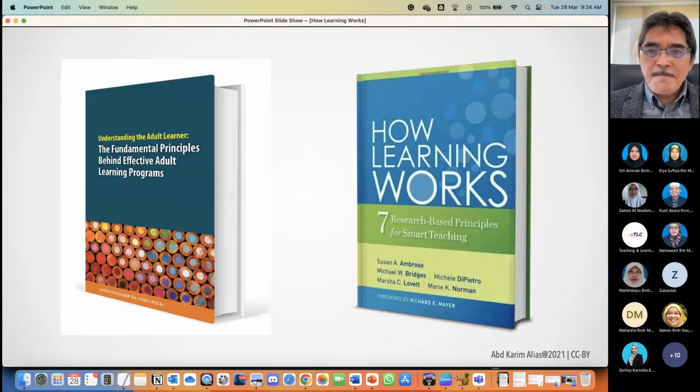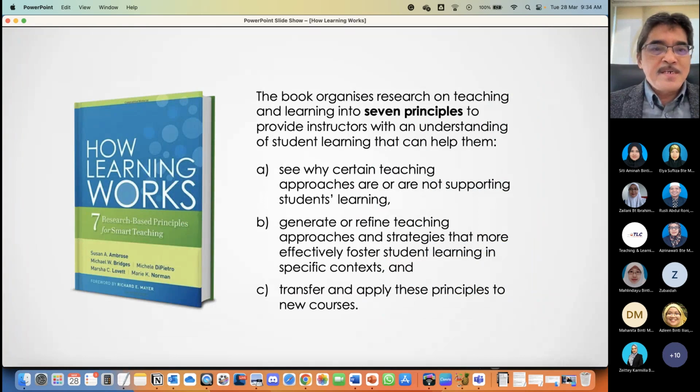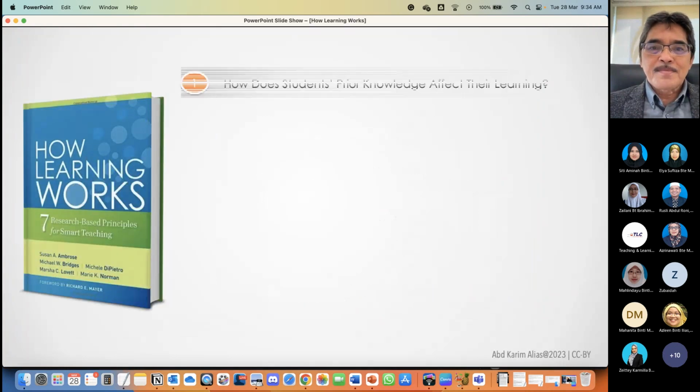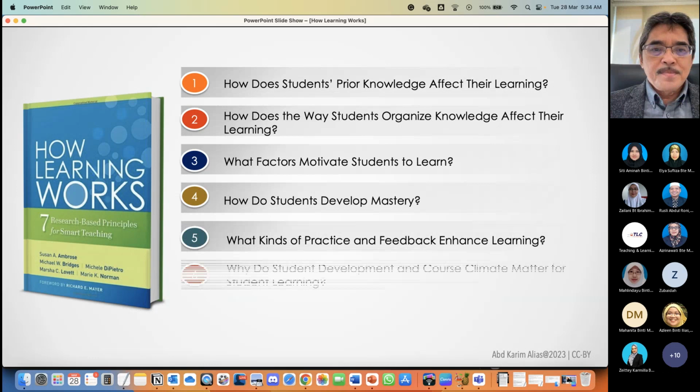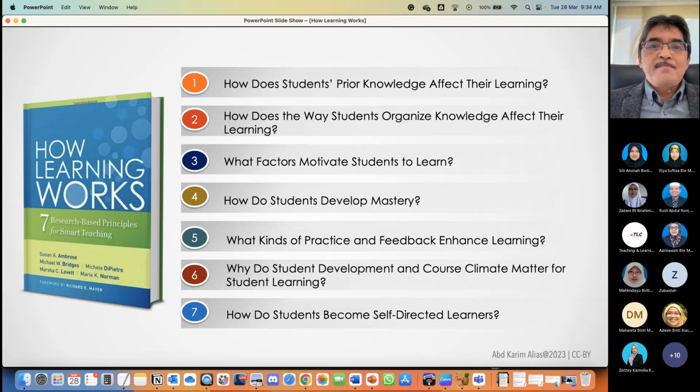Let's revise. Yeah, this is a book. So these are the 7 principles. In the first part, we covered the first one, and even then it's not yet complete.